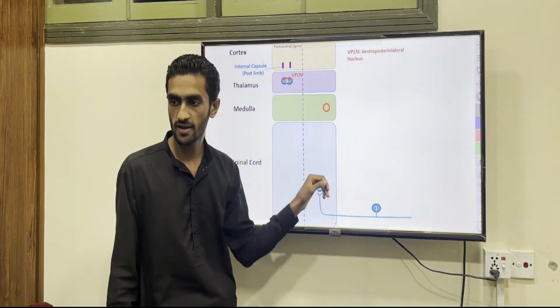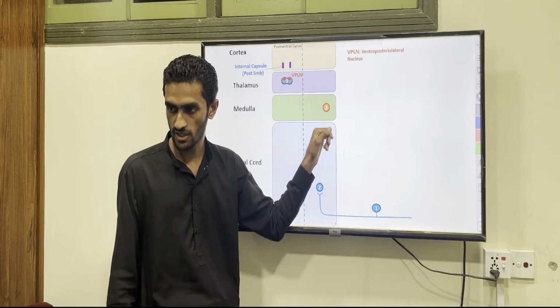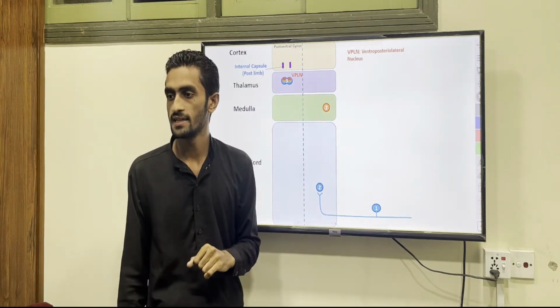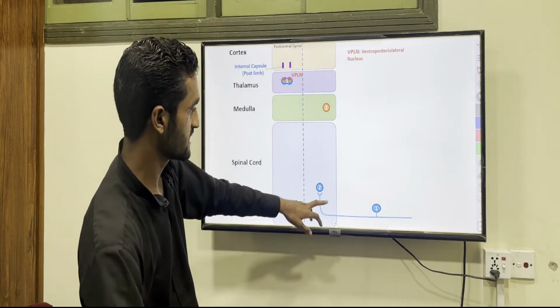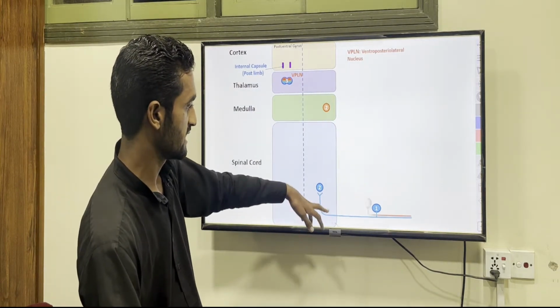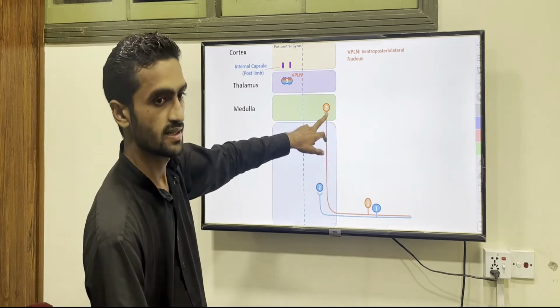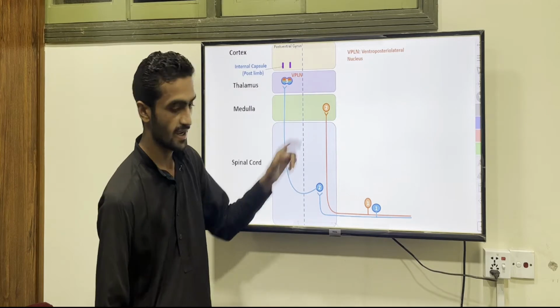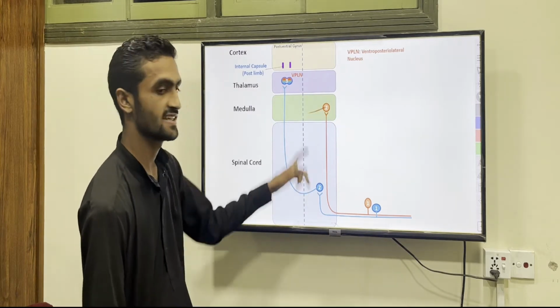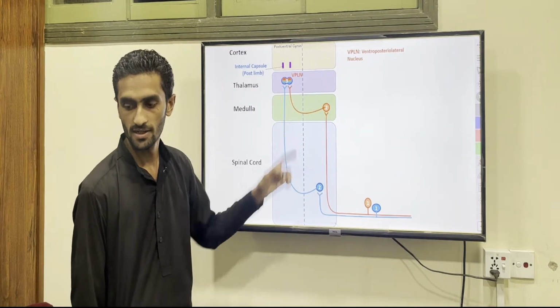And if we are able to define the second nucleus, we can define the decussation level. Because it is present here and the other is here, this one decussates at the level of spinal cord and the other decussates at the level of medulla.